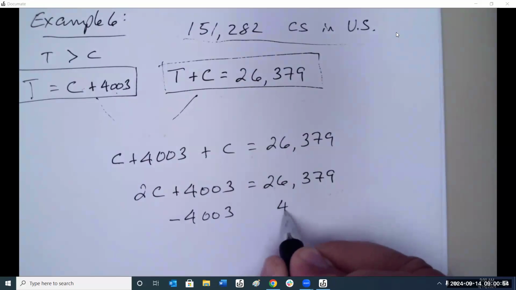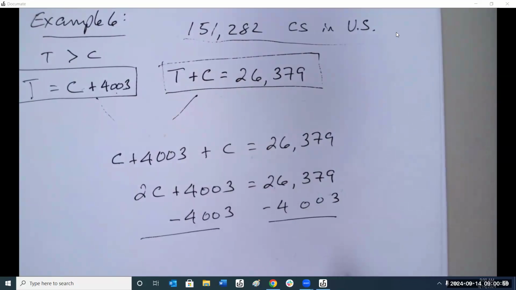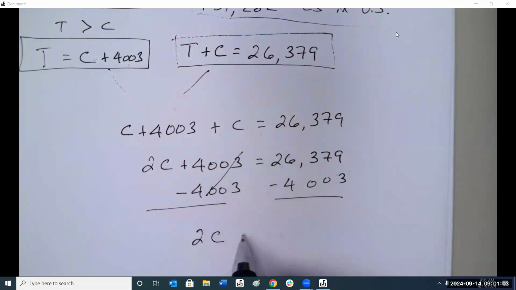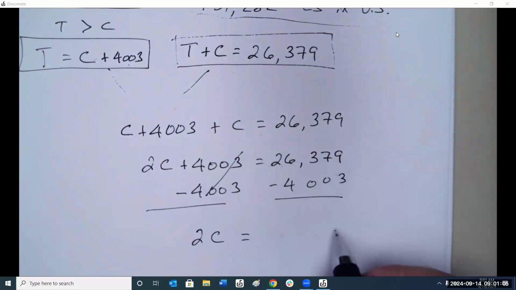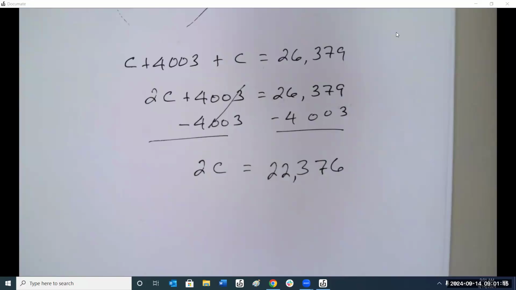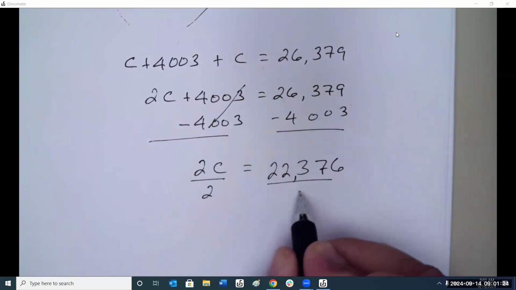Subtract 4003 from both sides. Nine minus 3 is 6. 7 minus 0. 3 minus 0. 26 minus 4. And then divide by 2.